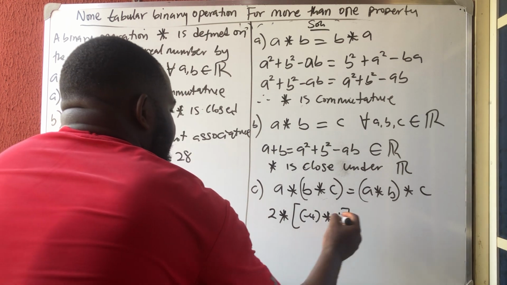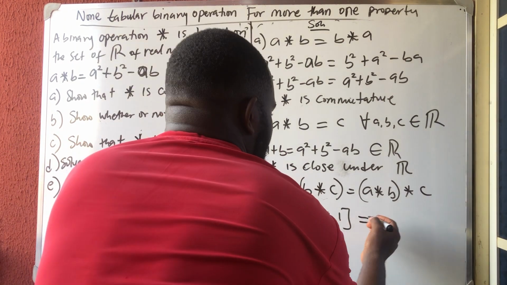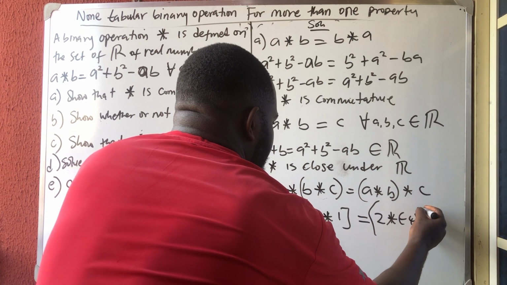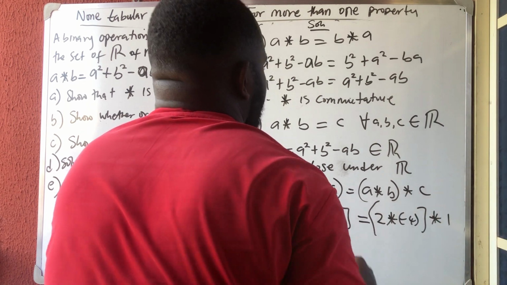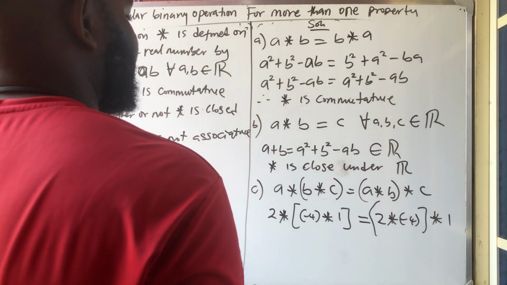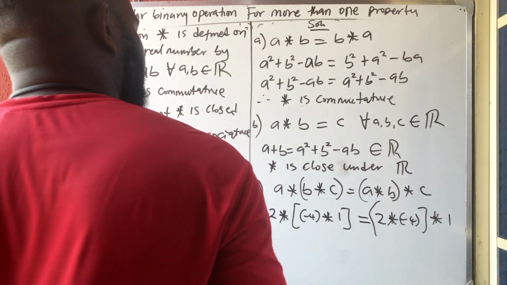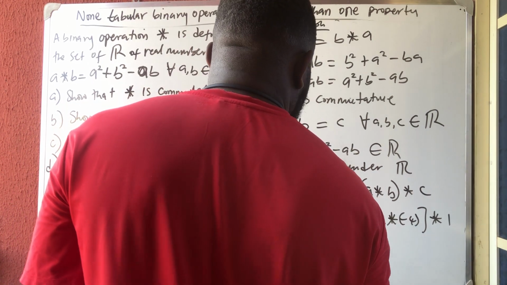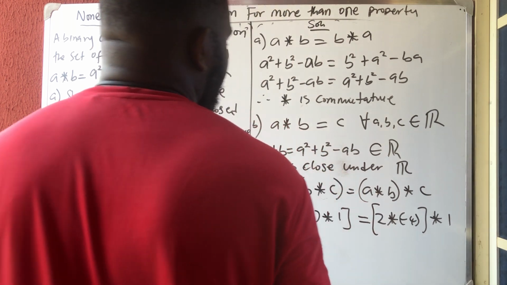We want to check if this is the same thing as saying 2 star minus 4 first, then star 1. If both of them give me the same answer, then we cannot conclude yet, but let's see if both of them will give me the same answer.